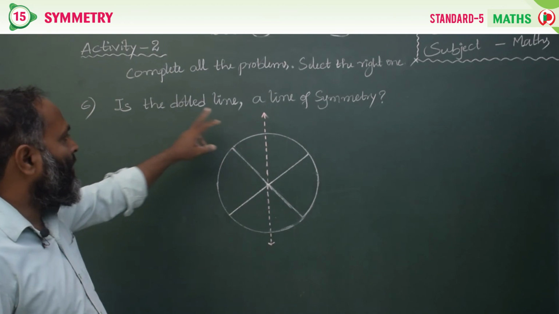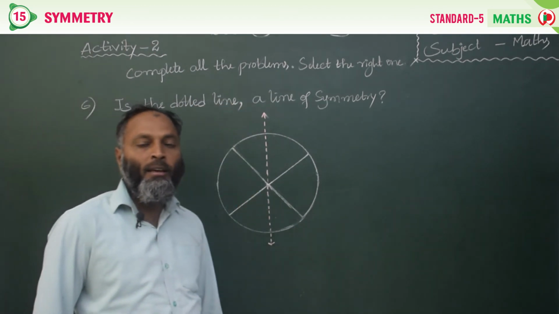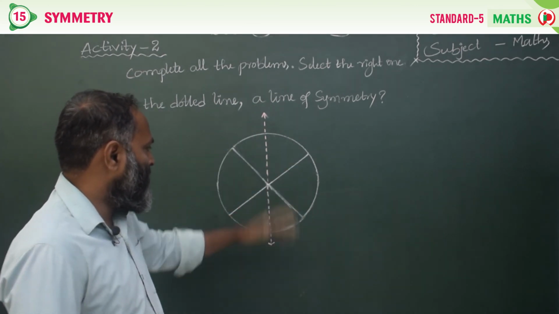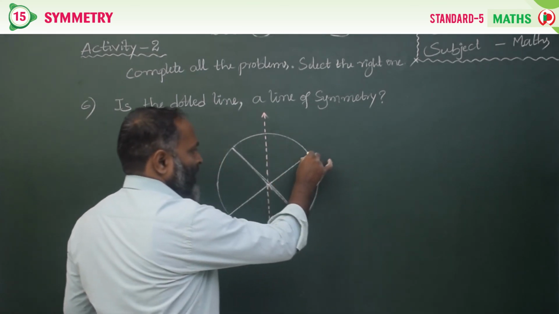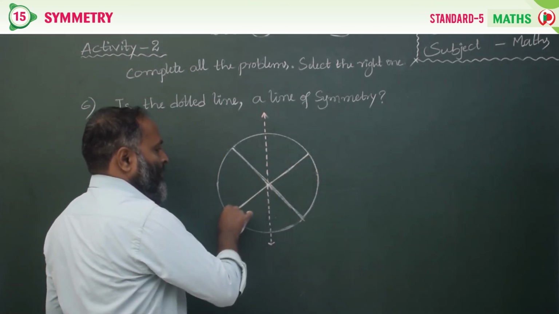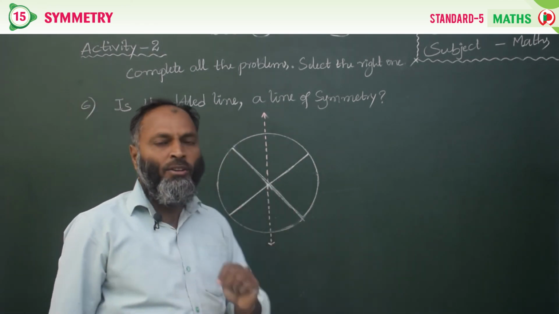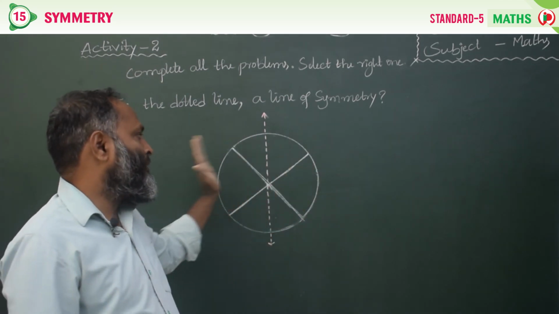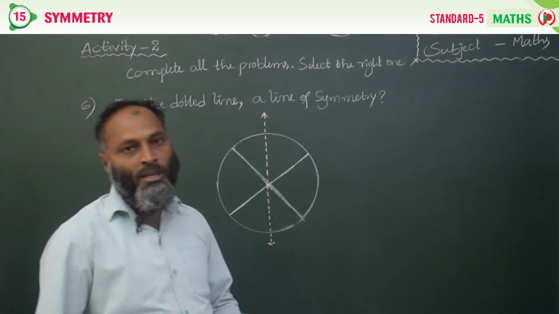Okay. So now, students, see here. In the sixth question, is the dotted line a line of symmetry, he is asking. See here, this is a circle. These two are the diameters. This is one diameter, this is another diameter. This vertical line cuts the circle into two equal halves, that is left side and right side. On the left and right sides, we are getting two identical shapes, two same shapes.